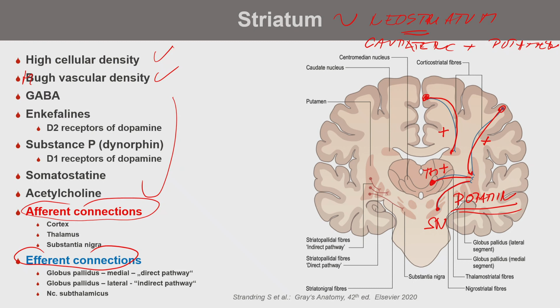So the relay of a putamen here is to the globus pallidus lateral, globus pallidus internal, and then it has also the relay to substantia nigra.